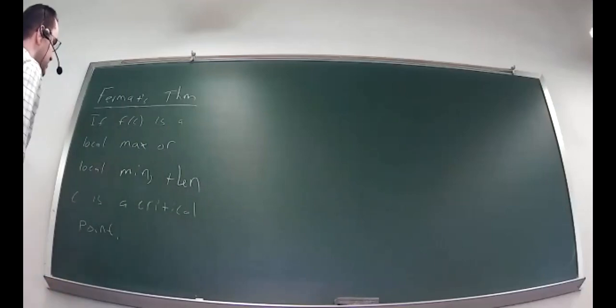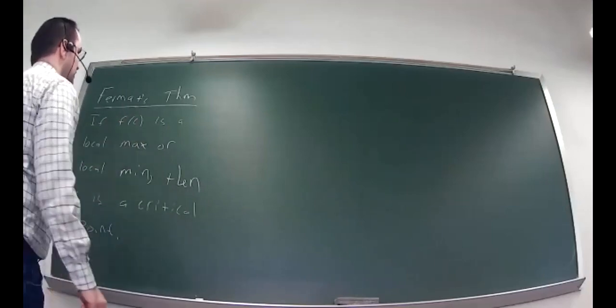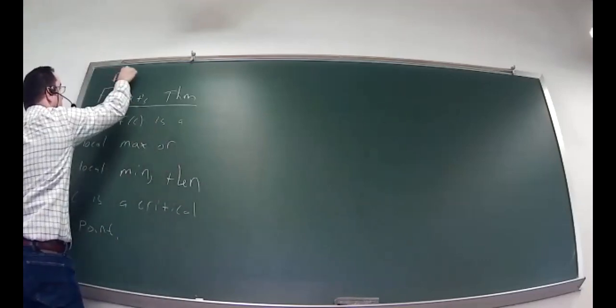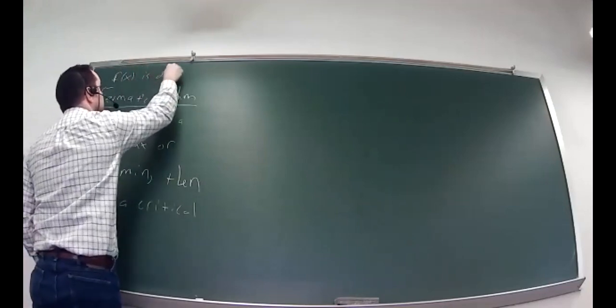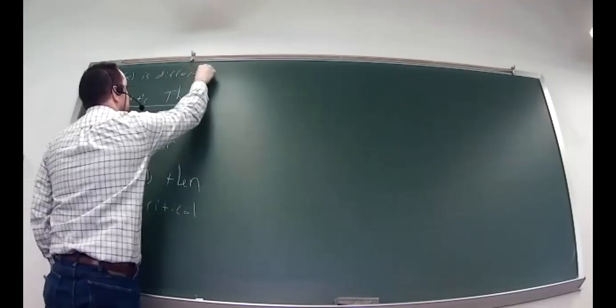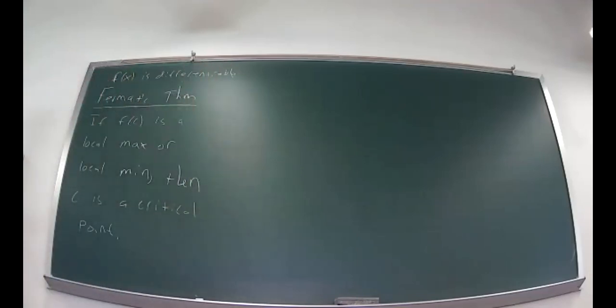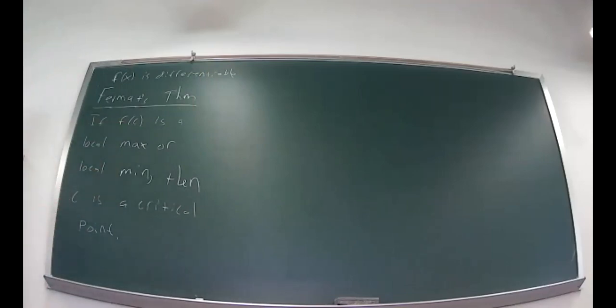And the other thing I need to assume is, I talked about f of c, so what is f? F of x is a differentiable function. So you consider a function that's differentiable at every point and suppose that you have a local max or a local minimum, and that means that c has to be a critical point.